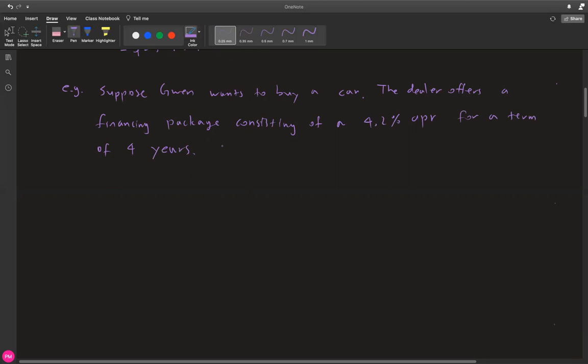So without knowing the purchase price of the car, suppose that she wants to limit the monthly spending. Being a responsible student, let's say, suppose Gwen wants her monthly payments to be at most, let's say, $360.